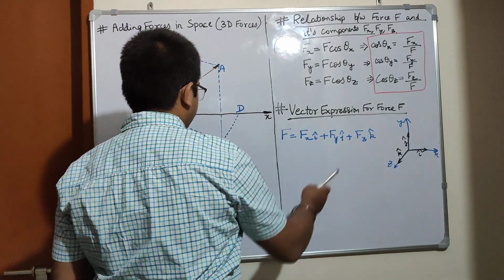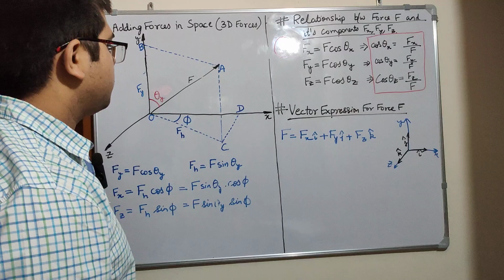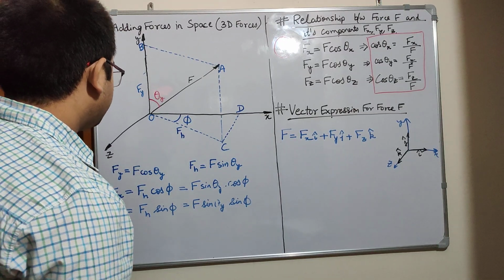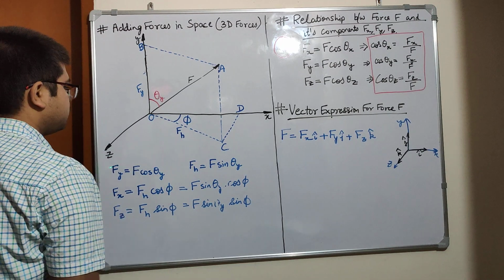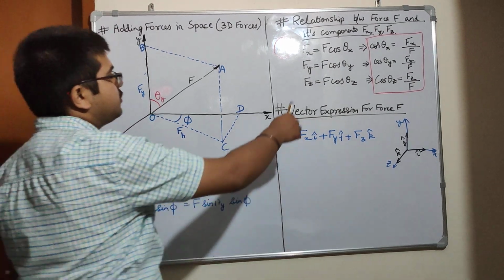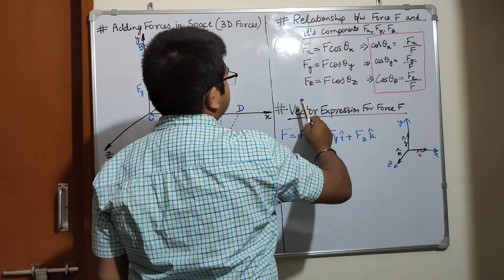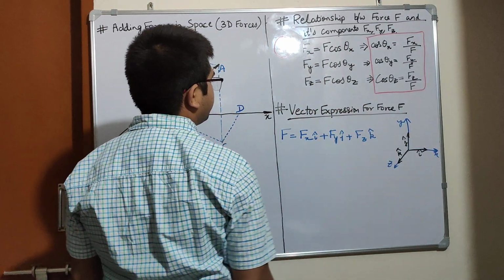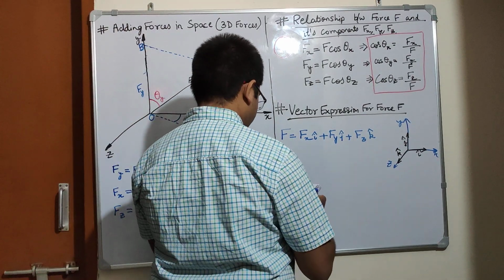Now we have Fx equals F cos theta x, Fy equals F cos theta y, Fz equals F cos theta z. So we can write it here.